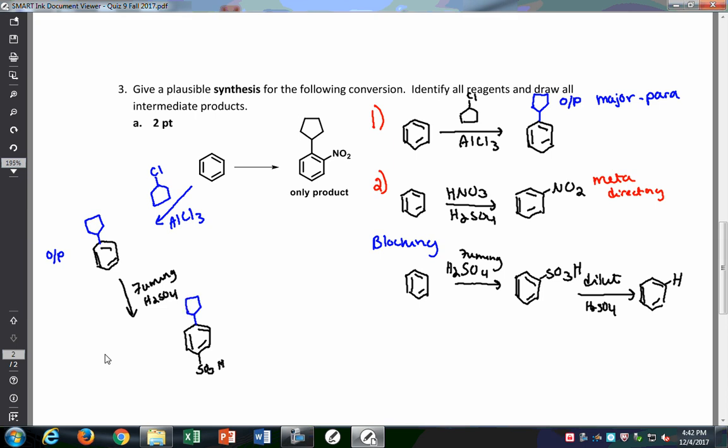Now we can add our NO2 group. And now, because the para position is blocked, only the ortho position will be available.